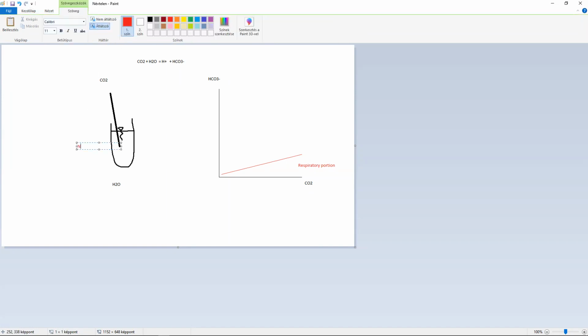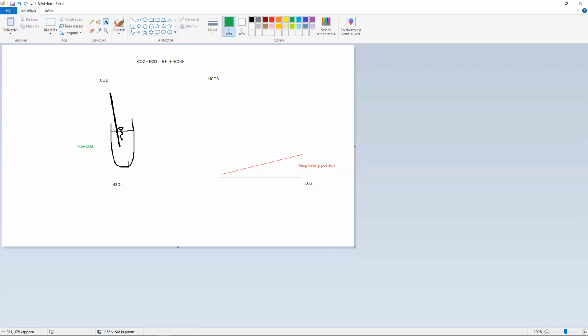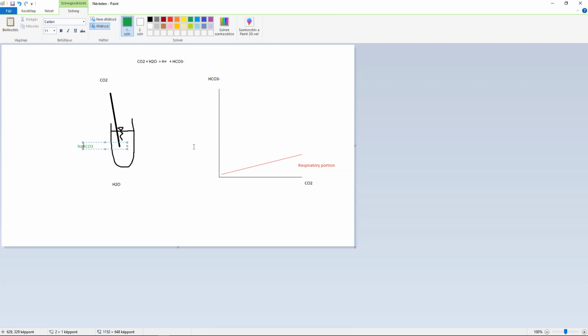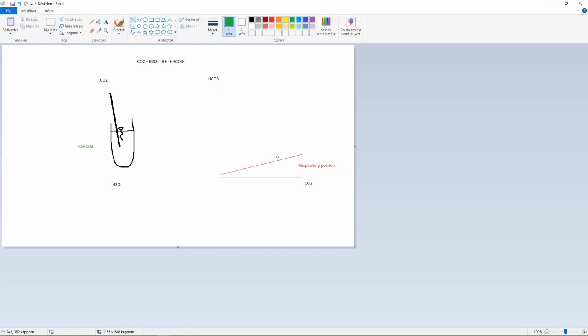I draw the green line. At time zero, without putting any CO2 in the system, I already have some bicarbonate. When I start gassing it, I get a line parallel to this one, and if I put more, that will increase.